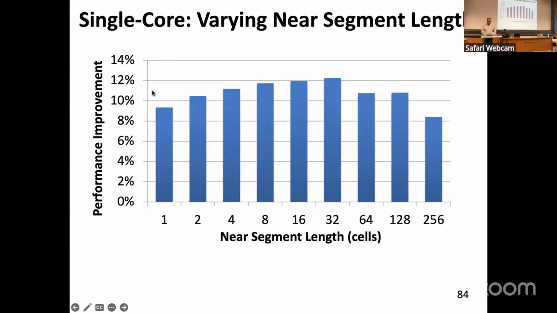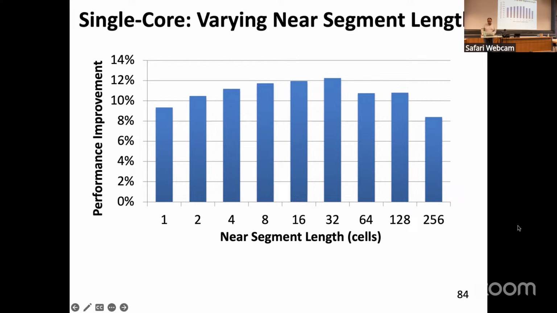You can also do some sensitivity analysis, like how large you make your near segment. Here you increase the number of cells, or you can think of it as the number of rows in your near segment, starting from 1 to 256, and the total number of rows in that subarray is 512.